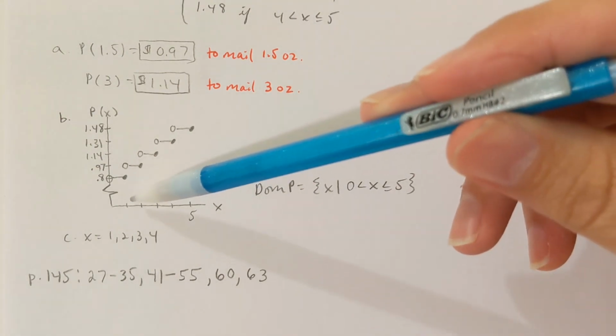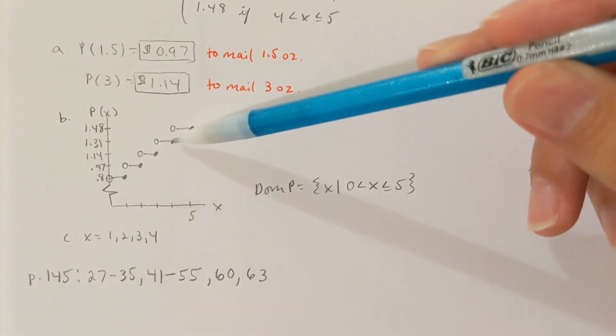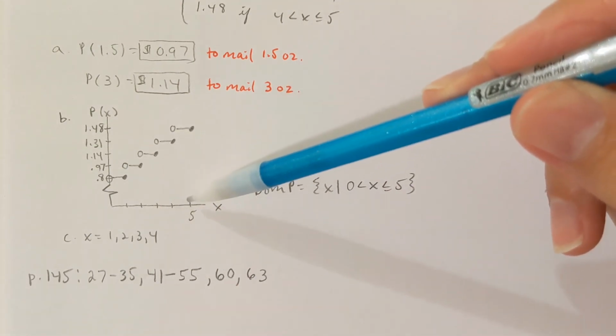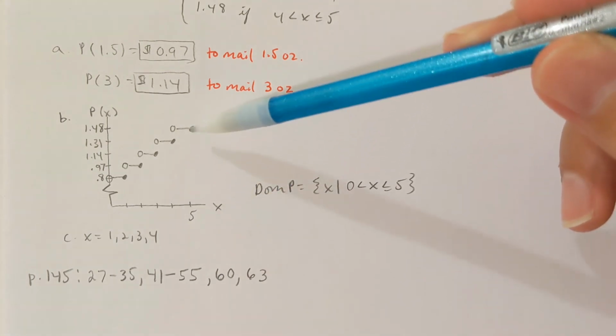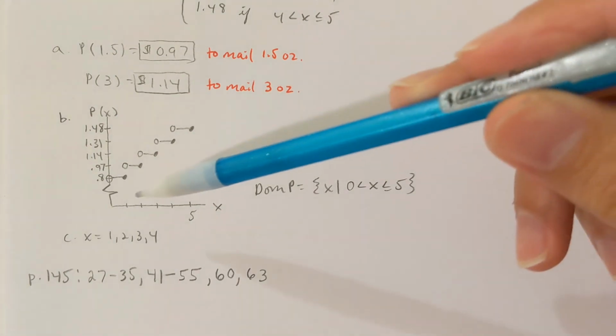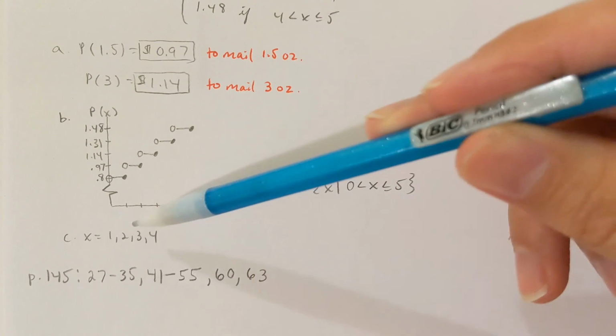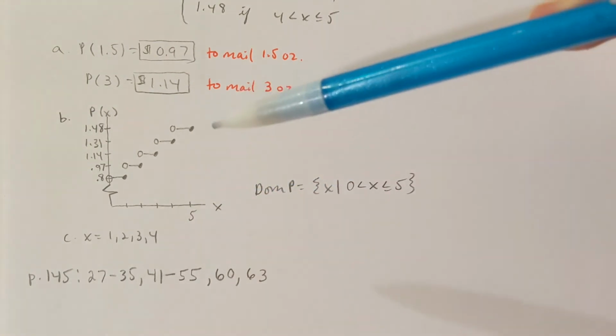So there's going to be a discontinuity at 1, at 2, at 3, and at 4. You wouldn't include 5, since we're ending at 5. But at x equals 1, 2, 3, or 4 is where I've got a discontinuity.